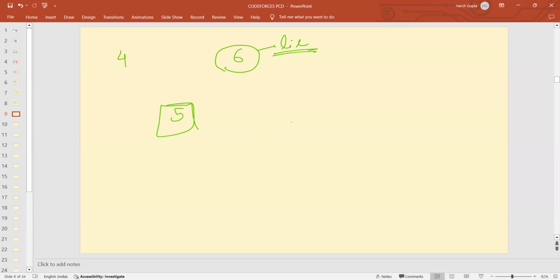Now, if you randomly chose, let's suppose, 6 people, just tell me, in the worst case, how many people will tell you a lie? In the worst case, 6 will tell you a lie. If I randomly chose 7 people, the value of X is 7, how many people will tell me a lie? 6.